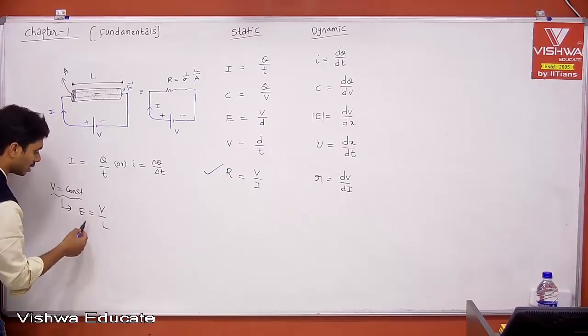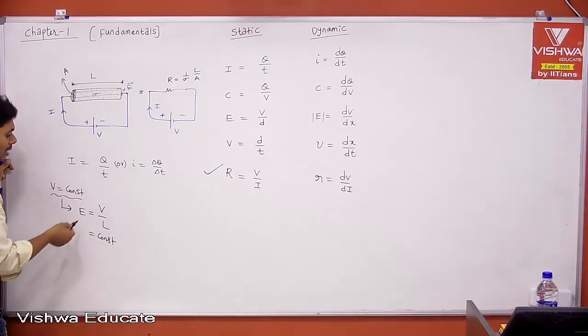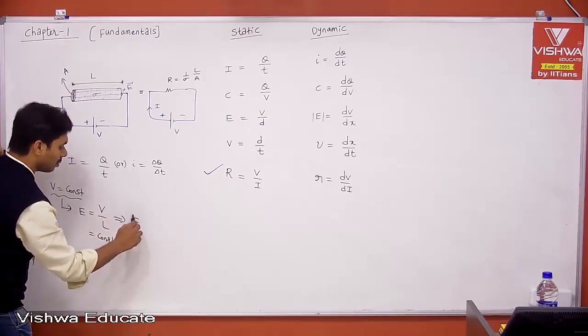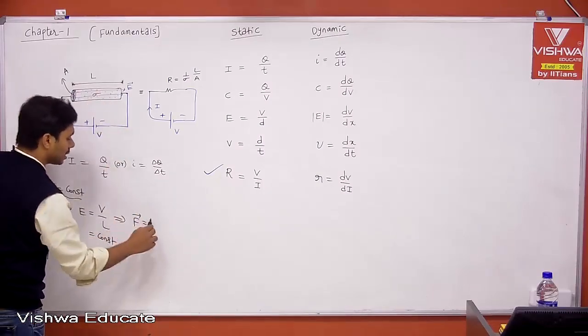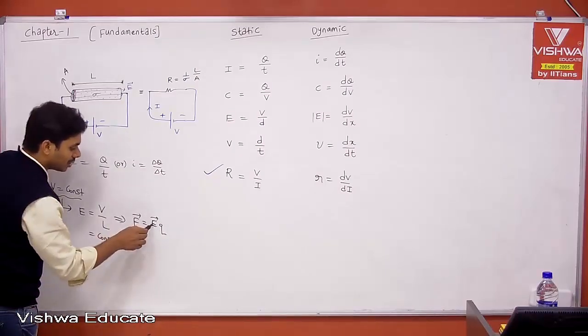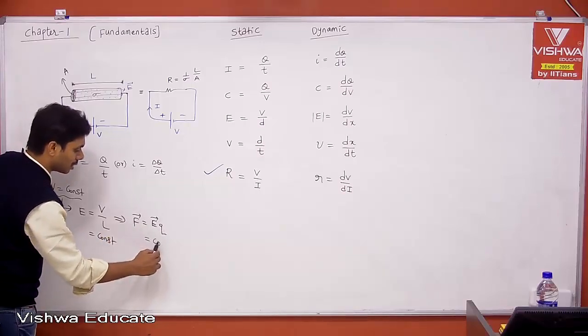Therefore, this is also constant. Your electric field is also constant. This electric field is giving the force on the charge carrier. F is equal to E into Q. Electric field is constant, therefore this is constant. Charge of the carrier is constant, therefore your force is also constant.